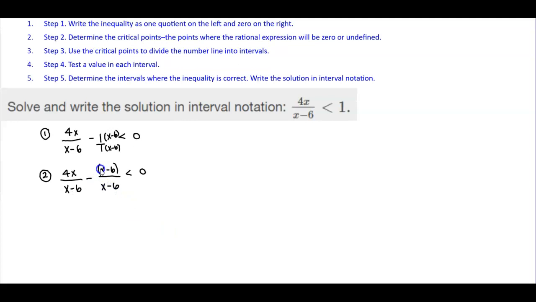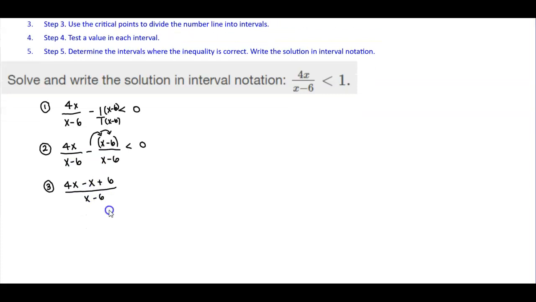Now we need to distribute this minus sign, remembering to distribute it to both of those terms. So in step 3, we have 4x minus x plus 6 in the numerator, divided by x minus 6. Because we have the common denominator, we can subtract the numerators.